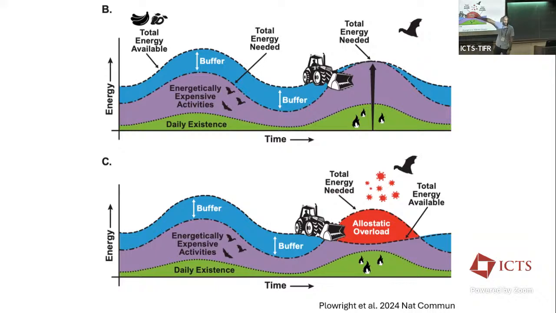And so that can be a very physiologically stressful scenario for an animal. So that's the idea of allostatic overload: these animals are trying to live their life, and they are expecting a certain availability of resources, and suddenly those might disappear.